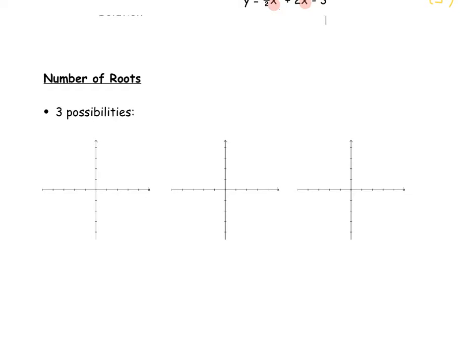Before we move on to the mechanics of how to solve, I think it's important for us to know what to anticipate with our answers. So I want to open you up to 3 different possibilities. Let's start with the simplest, which is that we have 2 distinct roots. So for example, that would be the case where I have a parabola that is maybe opening upward like so, possibly opening downward like so.